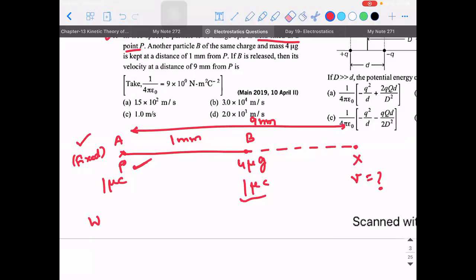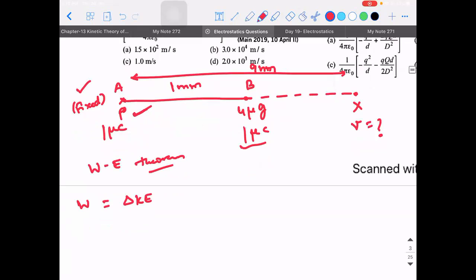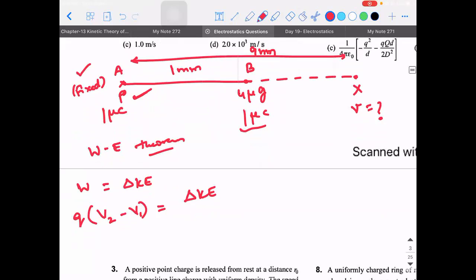What does the work energy theorem state? Work done is equal to change in kinetic energy. So what is the formula for work done in the case of electrostatic potential? Q into V2 minus V1 is equal to the change in kinetic energy.